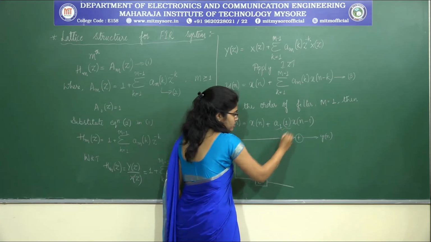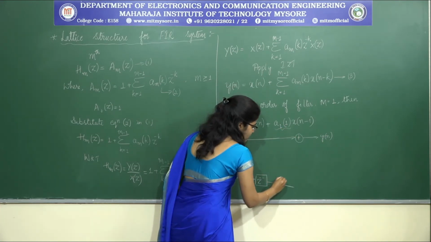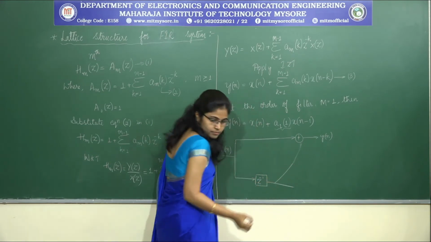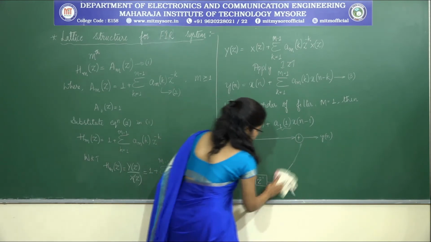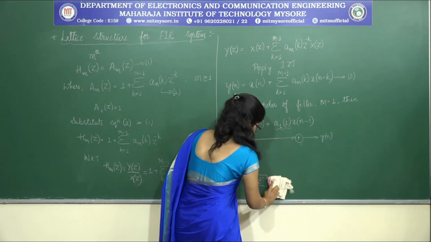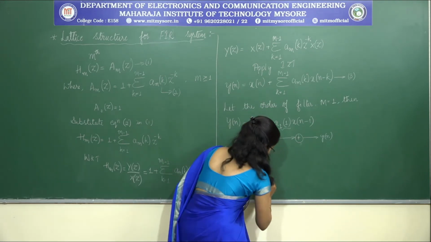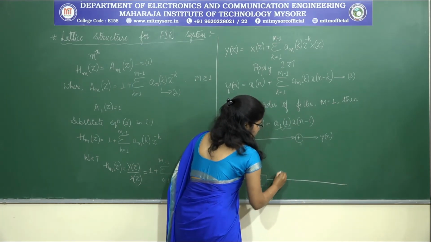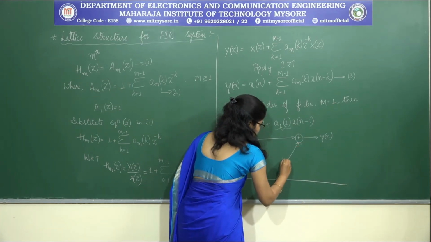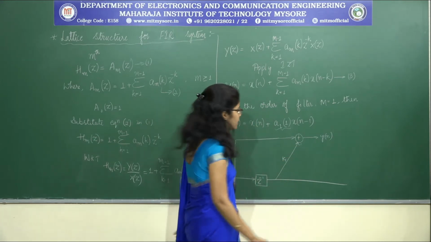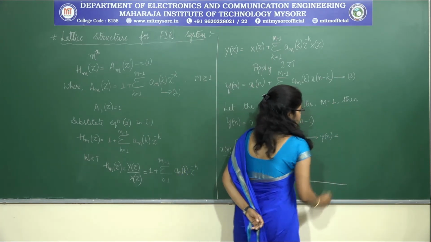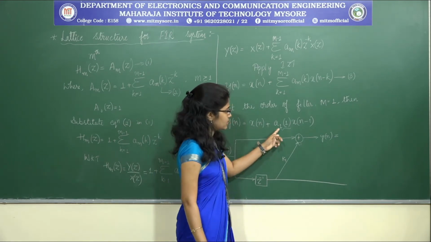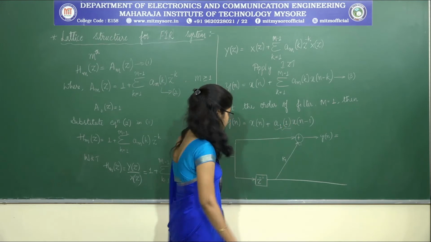I will term this constant term as k1 and multiply it. Therefore, y of n will be equal to x of n plus a1 of 1 into x of n minus 1.